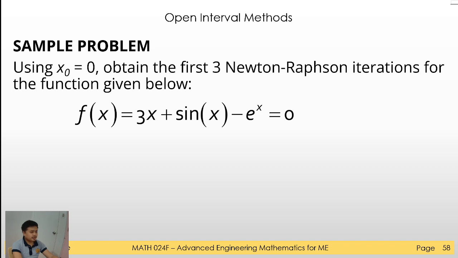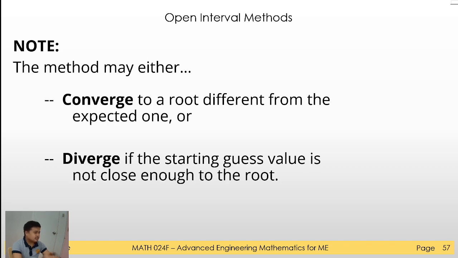Another thing to take note of, which I did not discuss: this method will converge or will arrive at a solution if our initial guess is near the true solution. It might diverge if the initial guess is further away from the function.